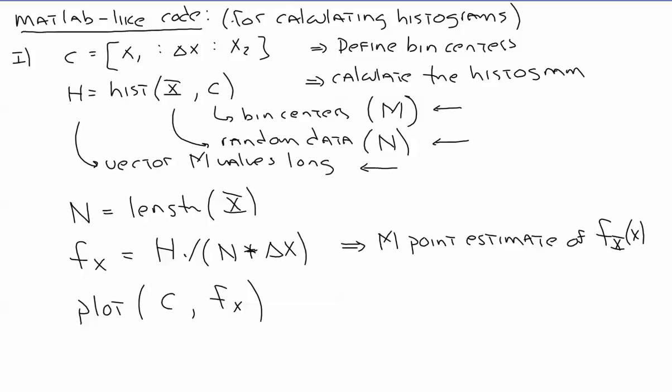All right, that's one way of doing it. In this particular case, you pick up front what your bin centers are going to be. You pick what the lowest bin center is, x1, the highest bin center is xM, and you specify the bin width, delta X. MATLAB's happy to do the rest for you.